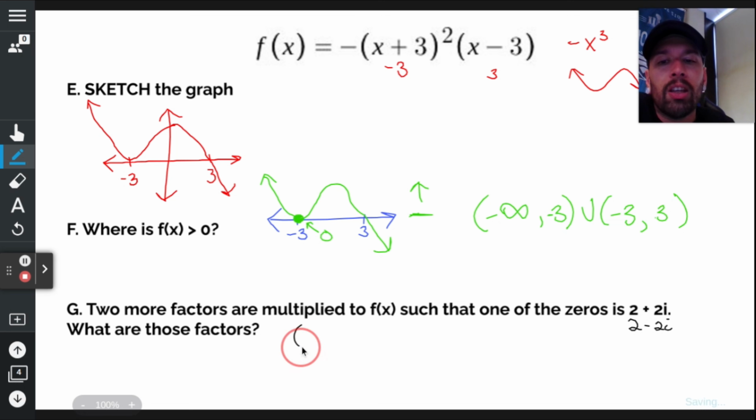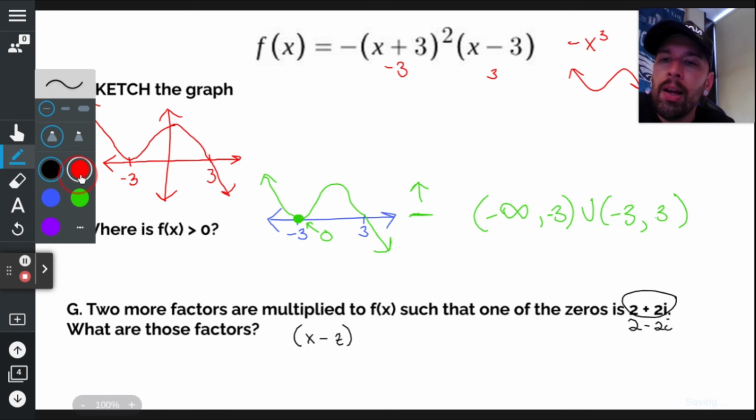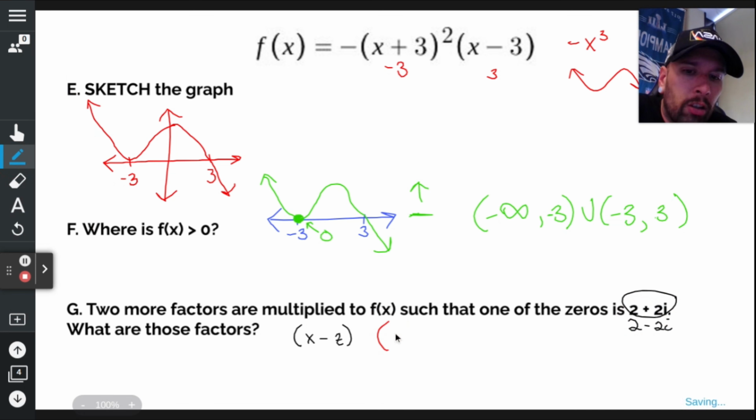A factor is in the form x minus z, where your z is a zero. So if I replace z with that one, then one of my factors is going to be x minus, little parentheses, 2 plus 2i.